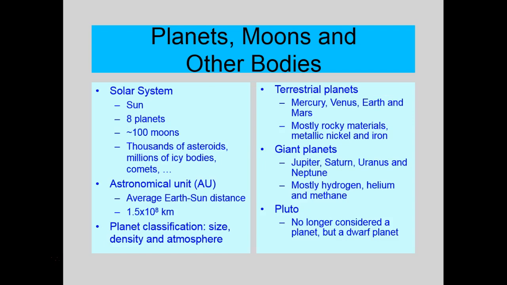Yeah, this slide, where it says planet classifications on size, density, and atmosphere. So let me summarize at least some of that from this table. If you've got your books, it's really a good table to look at and study. And some of what they're going to talk about here will come right out of the table.